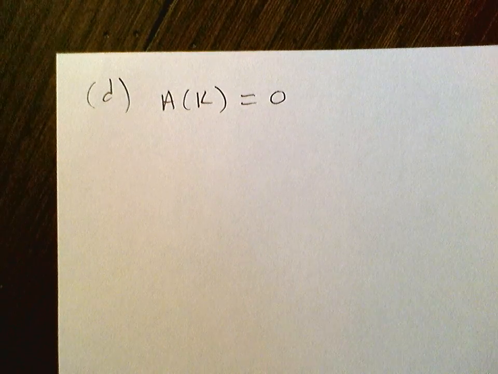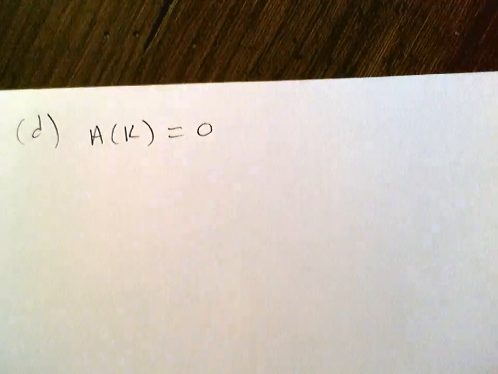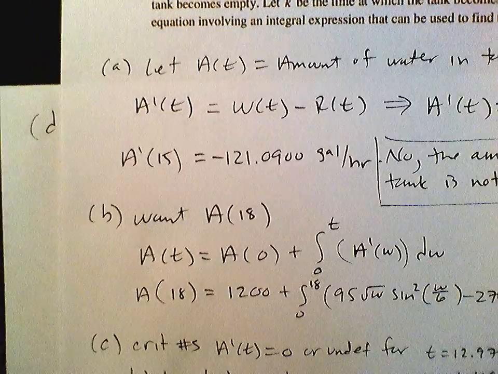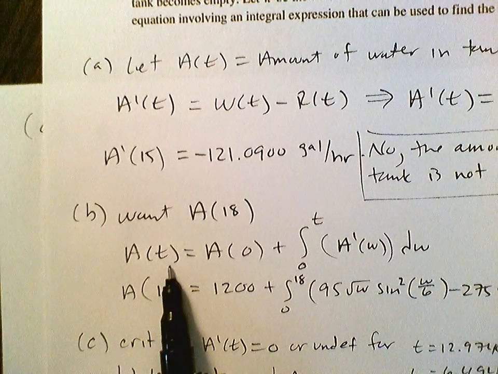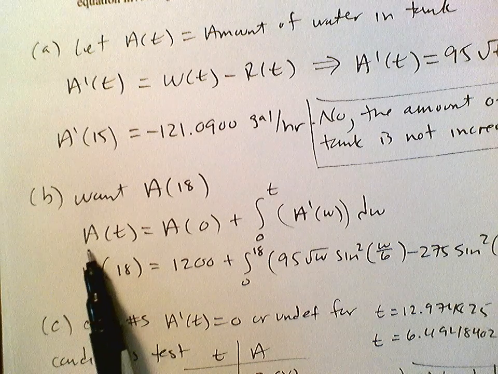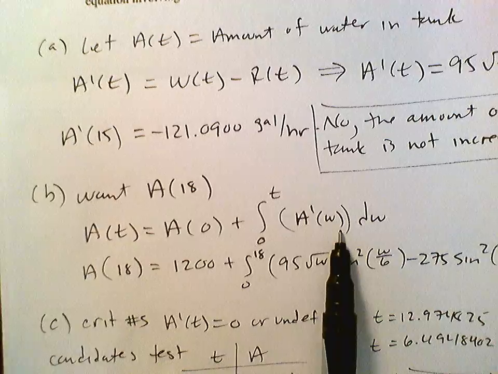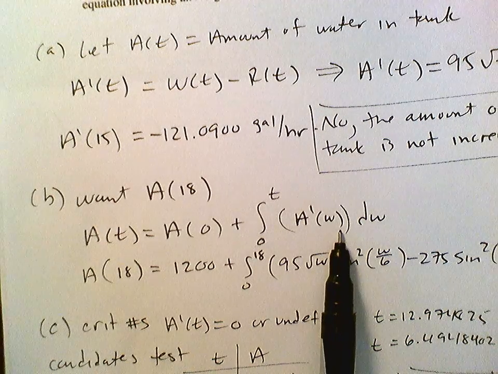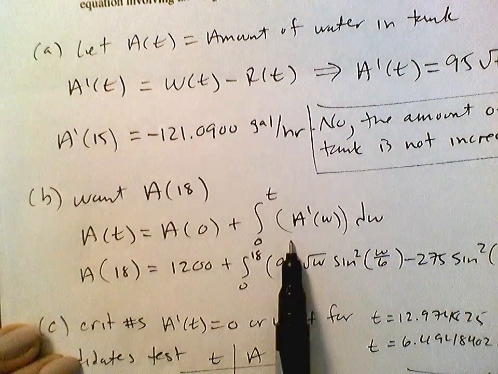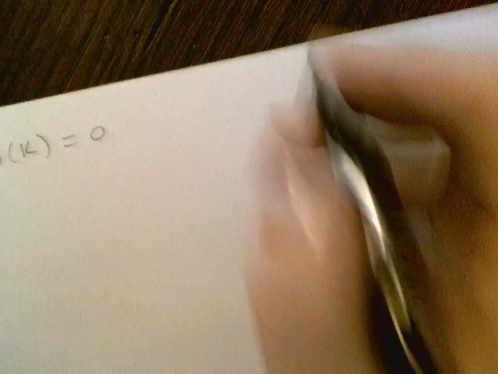And I also know this function here, which used to give me A of t. But for time after 18 hours, this will no longer give me A of t. So I have to have a new A of t.